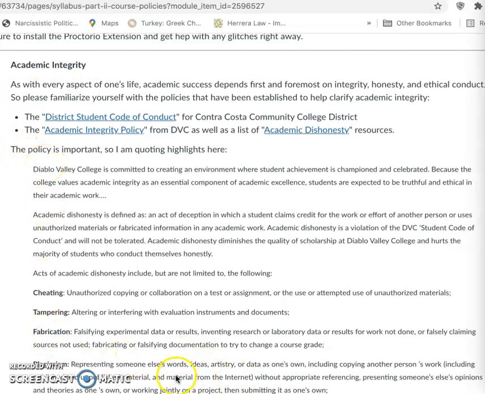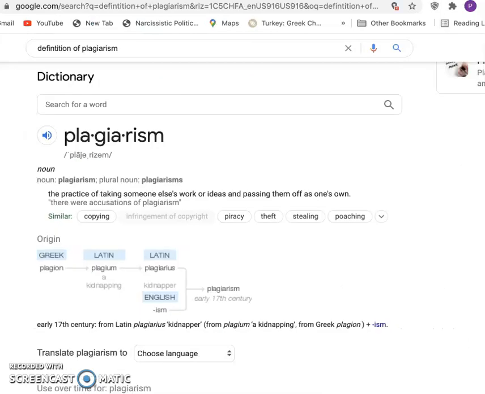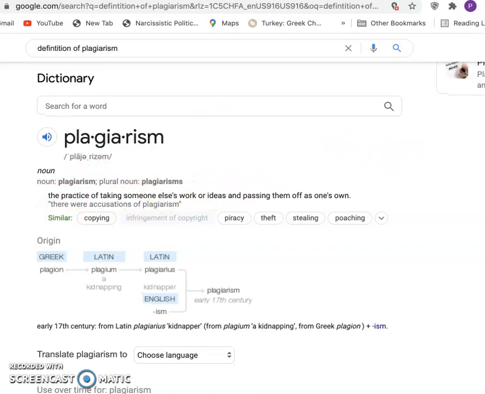And it defines plagiarism: representing someone else's words, ideas, artistry, or data as one's own, including copying another person's work. But I want to get a little more nitty-gritty on that for you. So the dictionary definition of plagiarism, as presented to you by Google: the practice of taking someone else's work or ideas and passing them off as one's own.